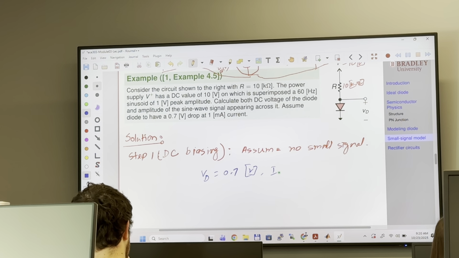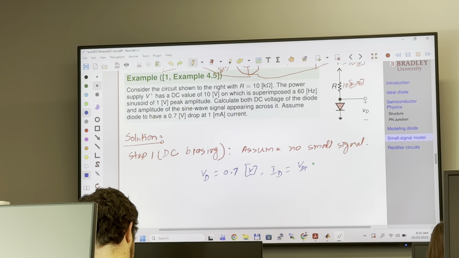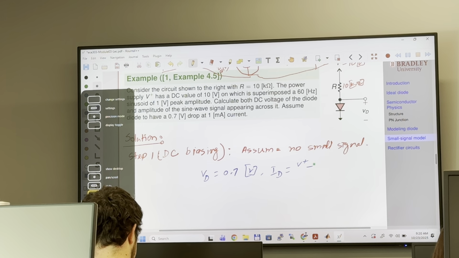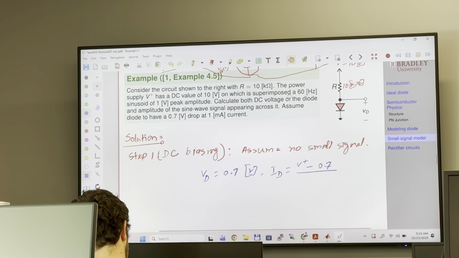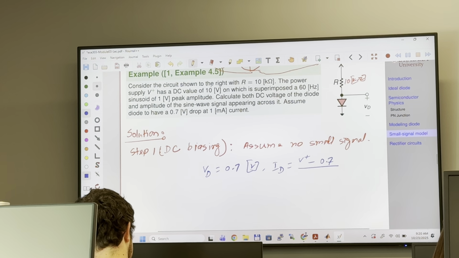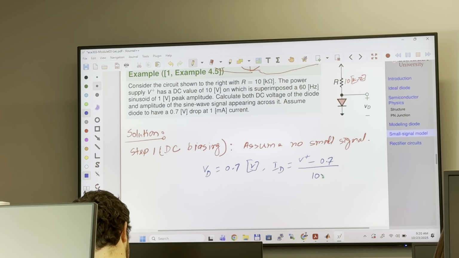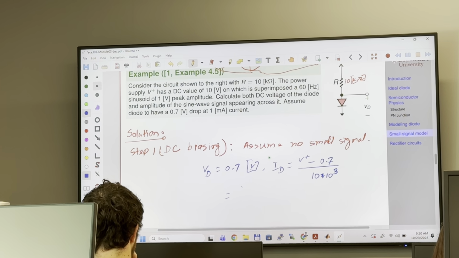And I_D is going to be simply V_DD, actually we have V plus, V plus minus 0.7 over R. How much is R, guys? 10, which is 10 times 10 to the 3.